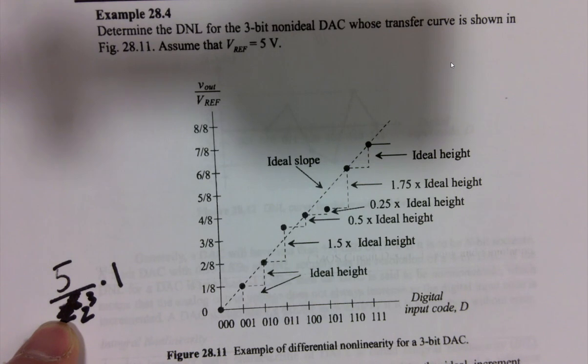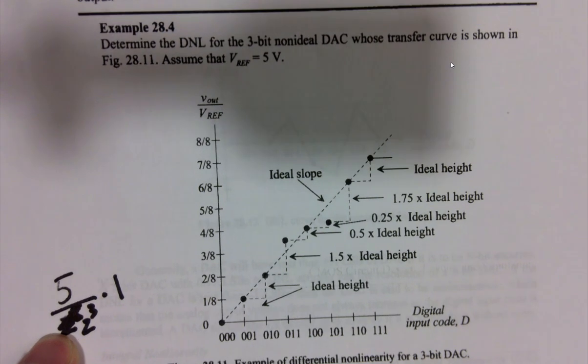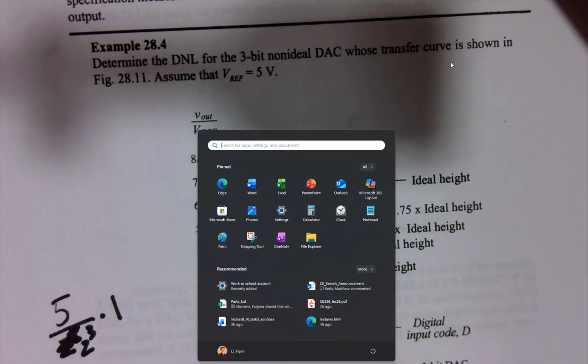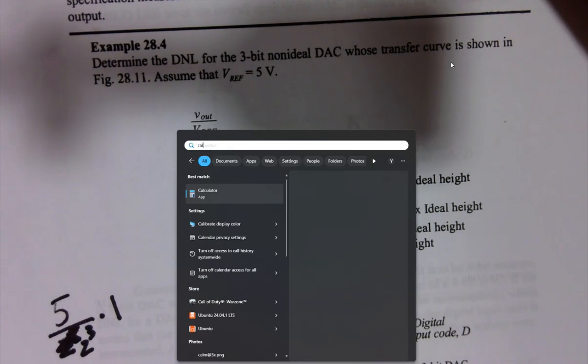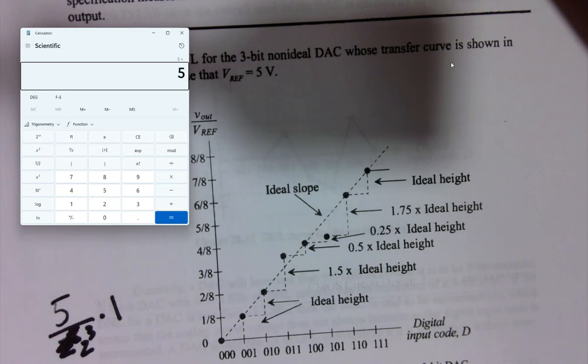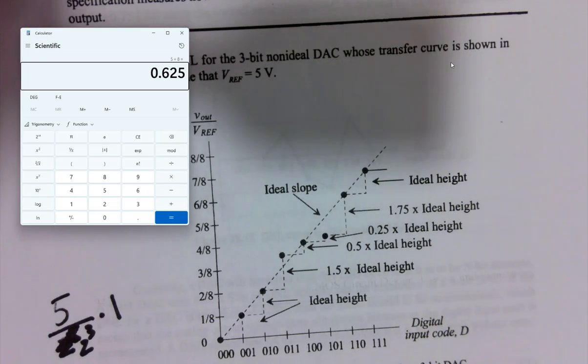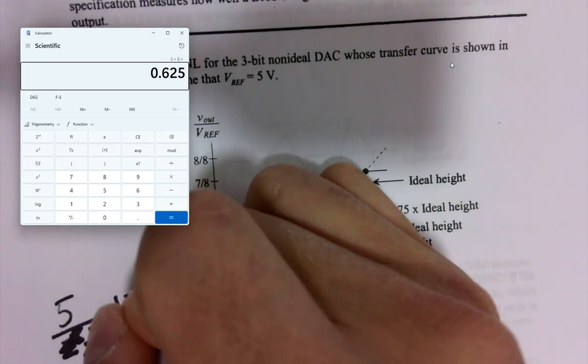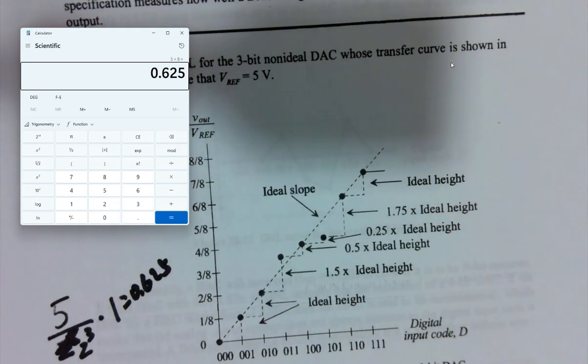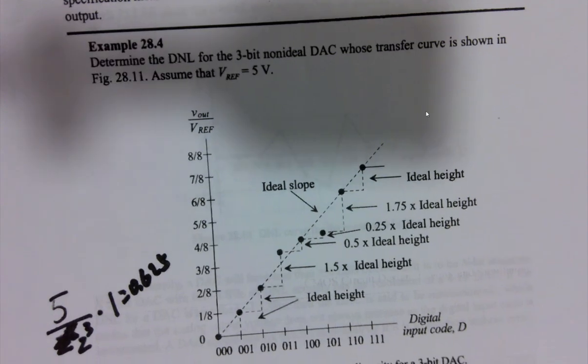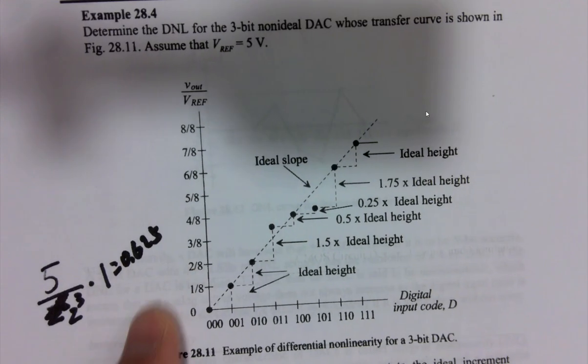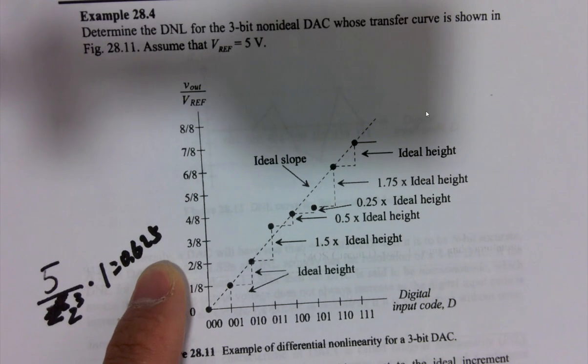So for example, 0, 0, 0 should expect this output. And what is this? Is that 0.625? 5 over 8. Yeah, 0.625. You'll deal with this number a lot, so remember it. So this is the LSB of the 3-bit ADC or DAC we are dealing with.